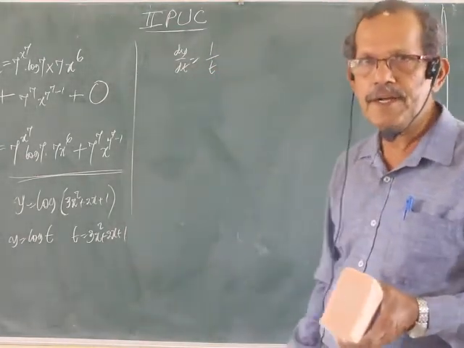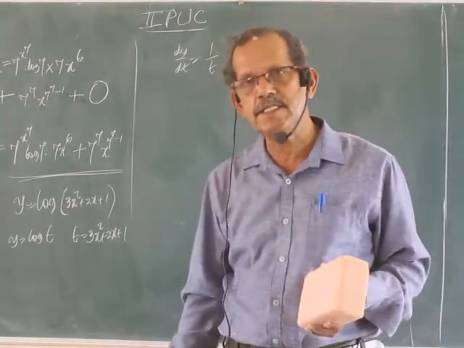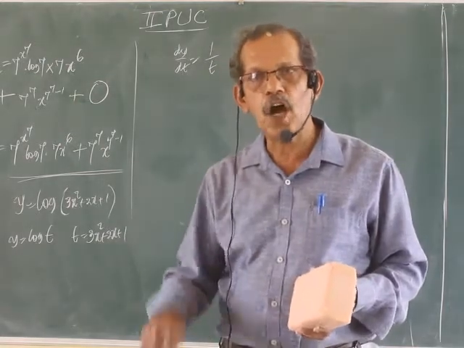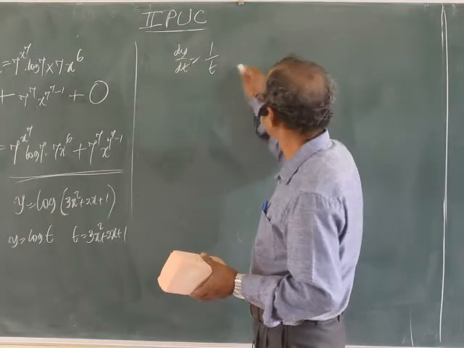Remember, derivative of log x is 1 by x. Derivative of log t is 1 by t. Derivative of log theta, 1 by theta. So here also, with respect to t, it is 1 by t.